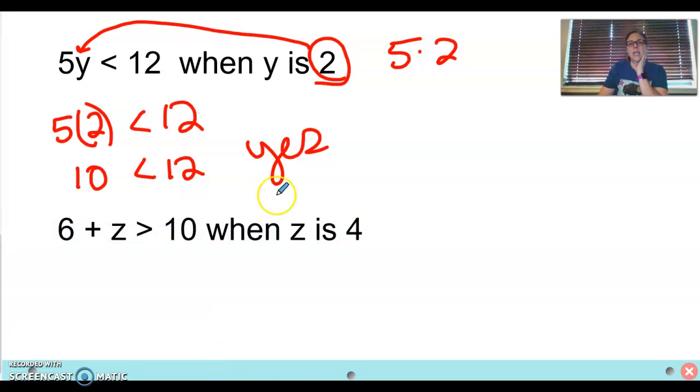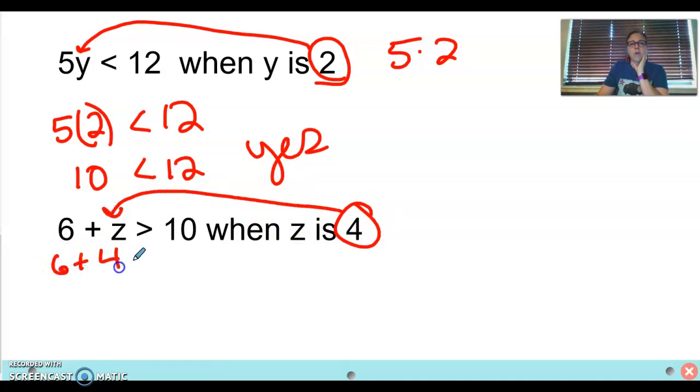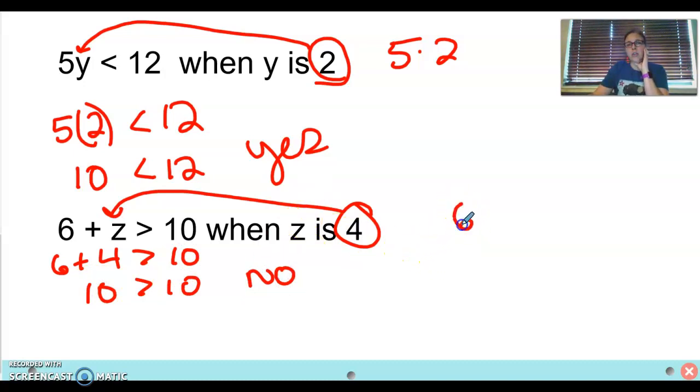6 plus z is greater than 10 when z is 4. So 6 plus 4 is greater than 10. Is 10 greater than 10? No, it's not. It's equal to 10. So to make that true, it would have to look like this.